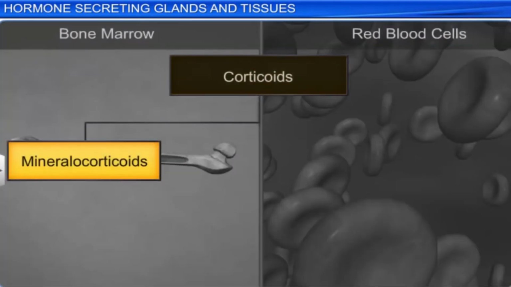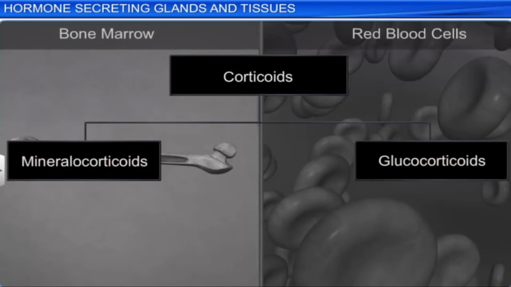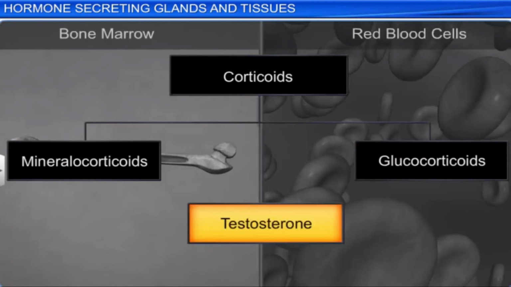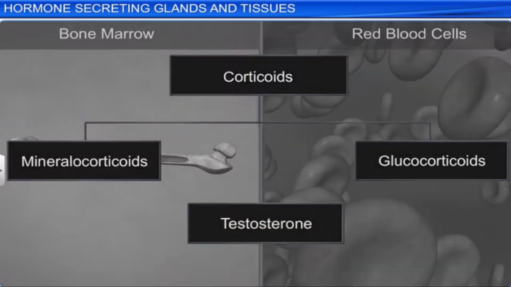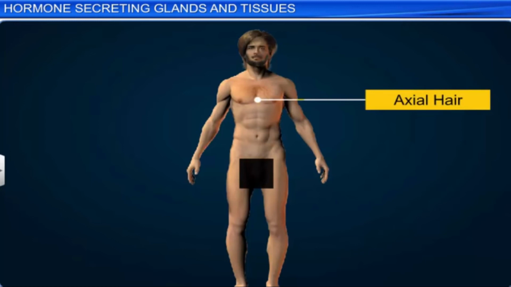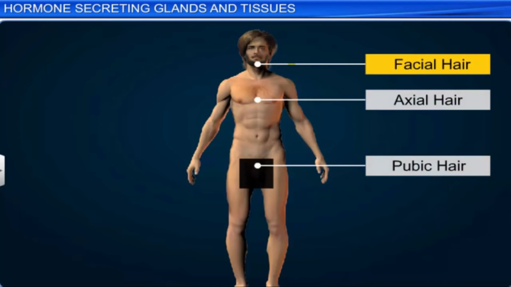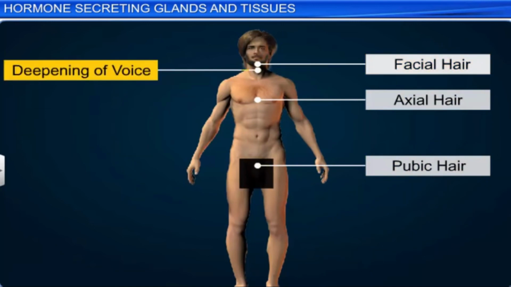Apart from mineralocorticoids and glucocorticoids, the adrenal cortex also secretes small amounts of the androgenic hormone testosterone, which is a male hormone. Testosterone stimulates the development of secondary sexual characters such as axial hair, pubic hair, facial hair, and deepening of the voice.